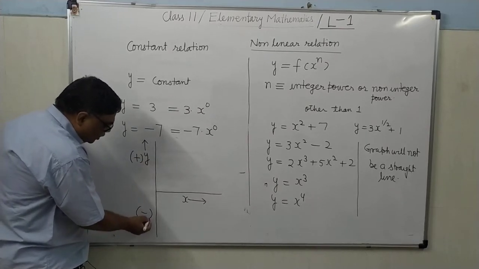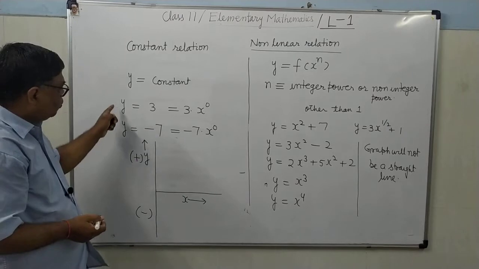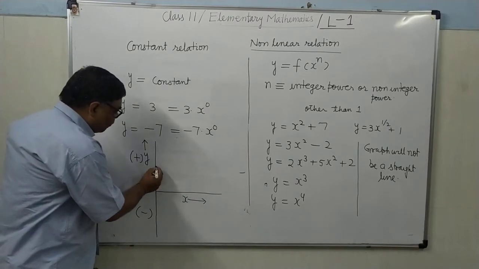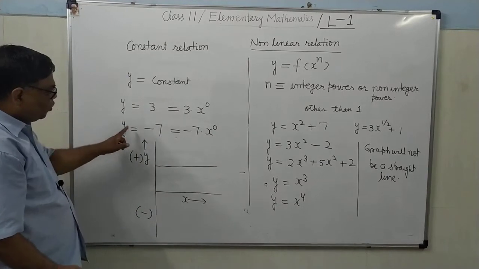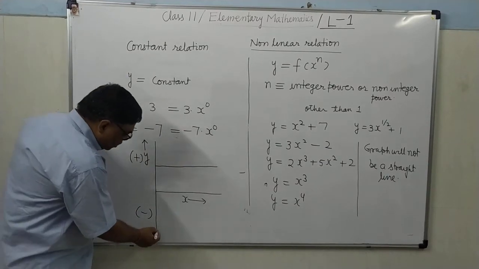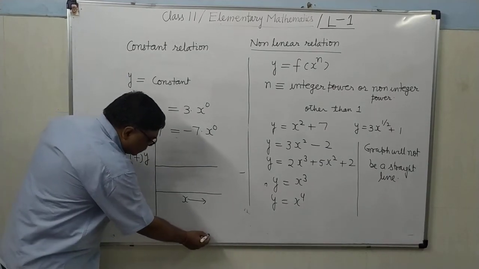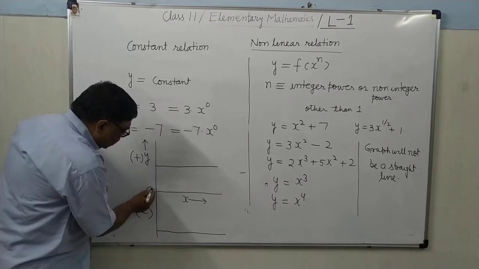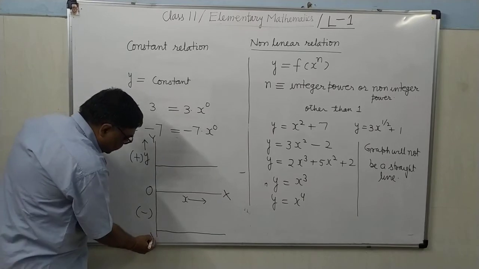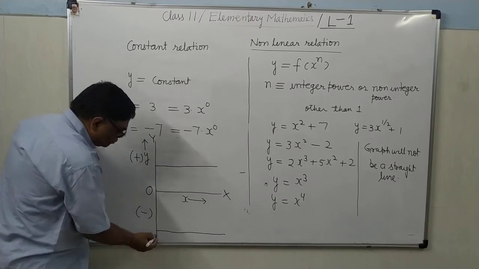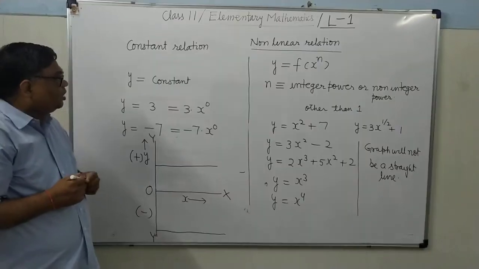Here there are the negative values of y. If you plot this, then this graph will be this way, y equals 3. If you plot y equals minus 7, it will be below the x-axis. This is the x-axis. This is y, O, y dash. Is it clear?